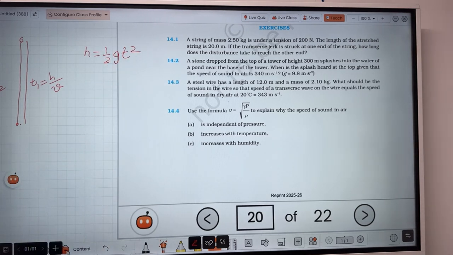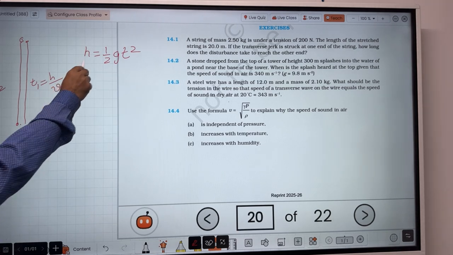So we need two times, t1 and t2, and then we will write their sum. So first of all, let's calculate the time taken by the stone to touch the water, and after that we will calculate the time taken by sound to reach the observer. Right. So for this purpose we evaluate t2.